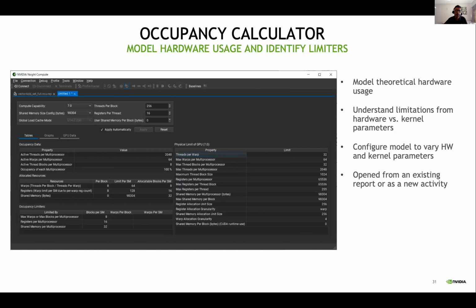And the good part is you could either launch it standalone, or from a profiled kernel, you could launch the occupancy calculator, and it will preload the parameters for the kernel, and below it shows you what the limiting factors are. So if registers is a limiting factor, you can play around and say, if I reduce my registers per thread from 16 to 8, will I be able to remove the limitation due to that? What will be my new occupancy? Those kinds of analysis you can do using this tool now within Nsight Compute. Next slide, please.